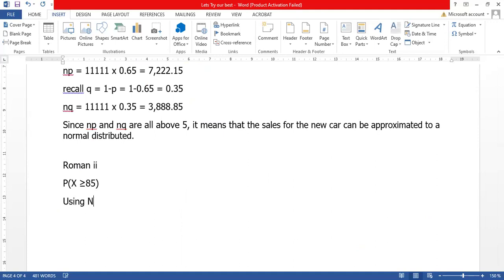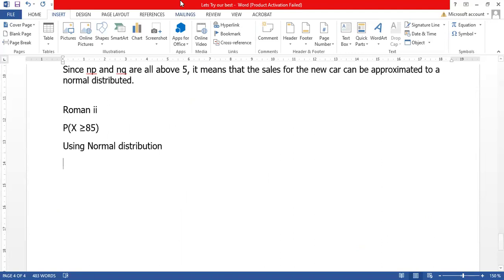Using normal distribution, you must standardize, okay? So to standardize, do you recall the formula?